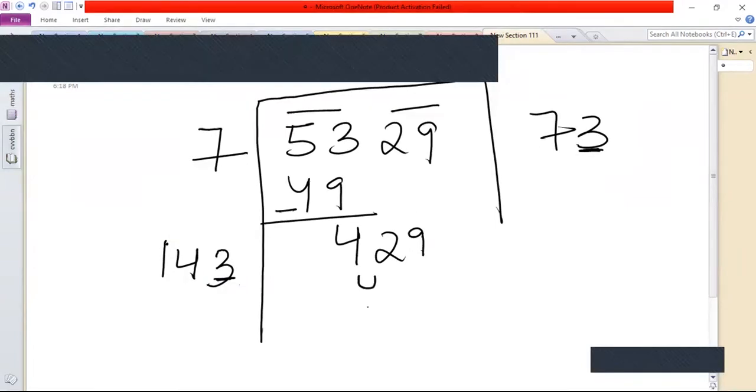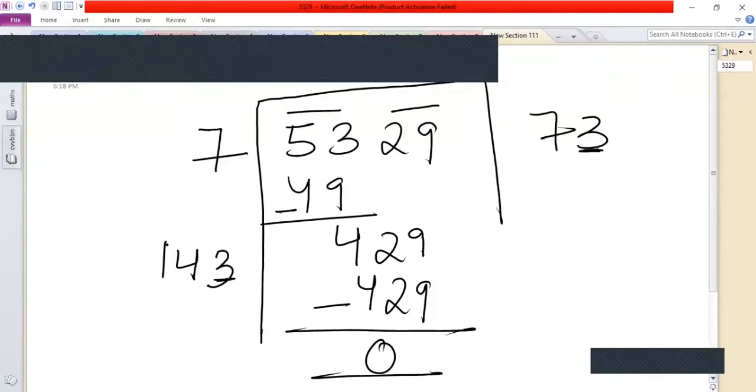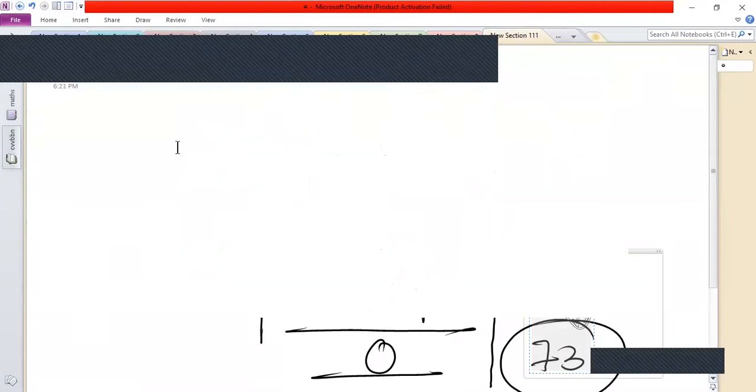So it will give you 429, right? So the remainder comes out to be 0. So what is the answer? The square root of 5329 is 73. Did you understand how to do the long division now? Yes, ma'am. Easy? Yes. Okay, let's practice more with this type of questions.